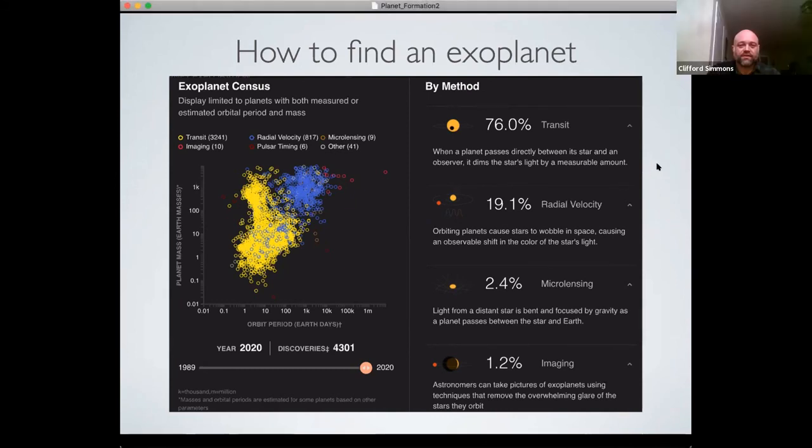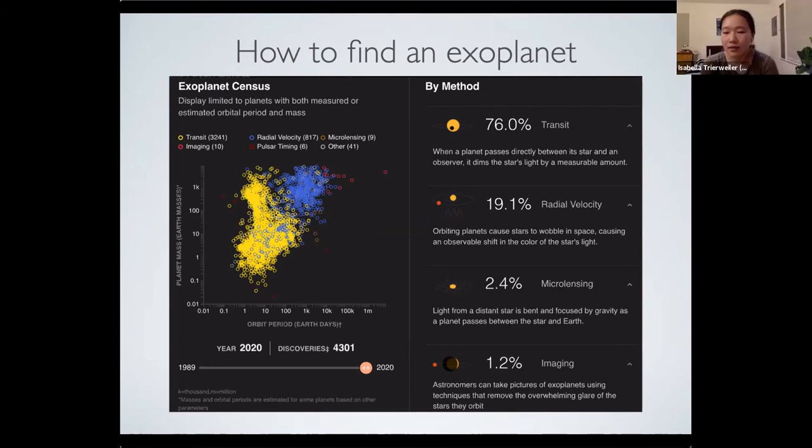Quick question. Has there been a survey of the composition of nebulae, or the gas in these disk clouds? Are those similar across the board, or are there variations in the composition of those gases? Yeah, that's a really good question.